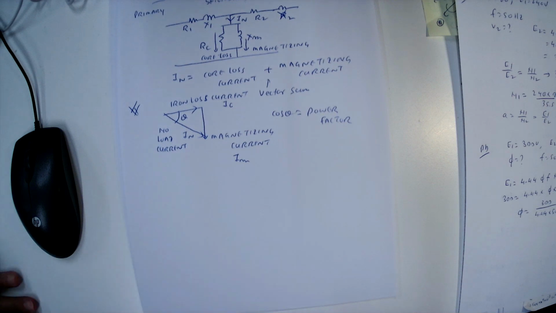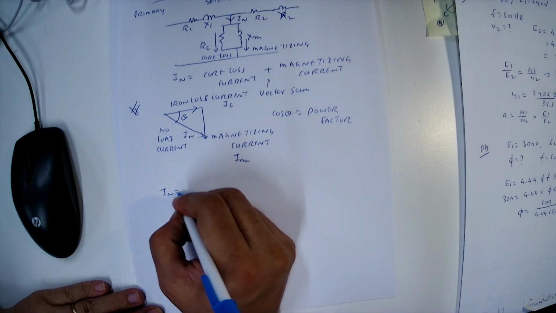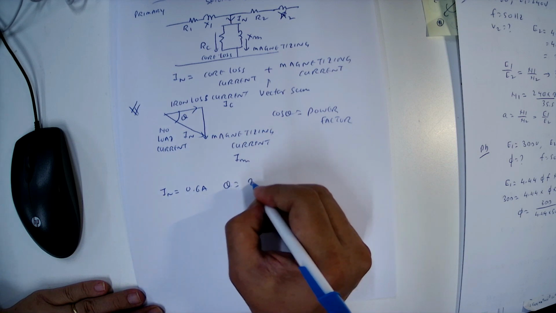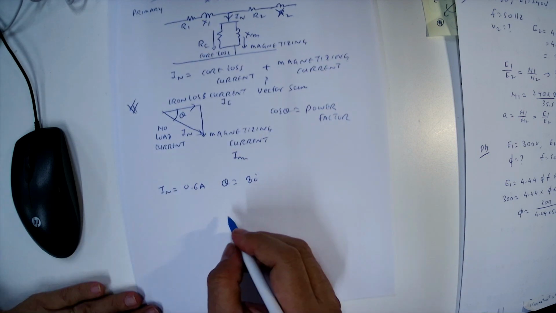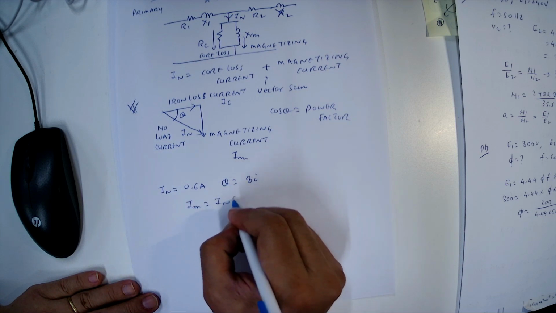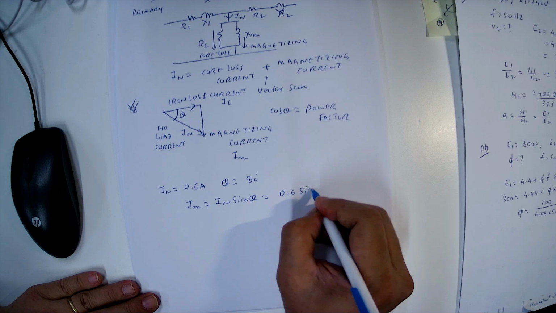So in this problem, no load current is 0.6 ampere, phase angle 80°. So I_N equals 0.6 ampere, angle theta is 80°. So that we can find out the magnetizing current. I_M equals I_N sine theta, so 0.6 sine 80.